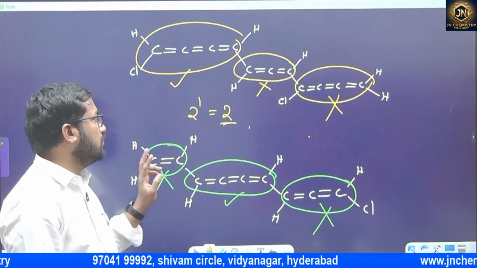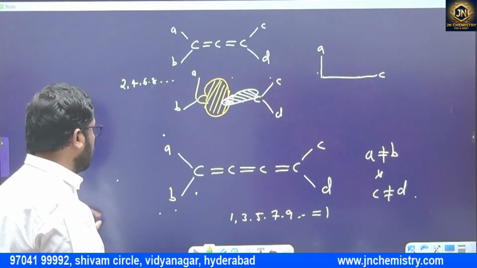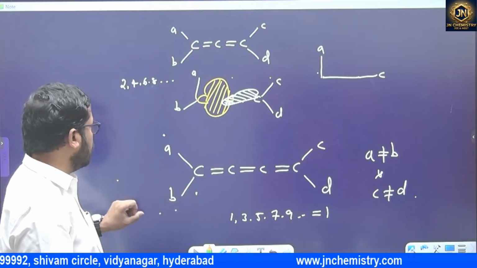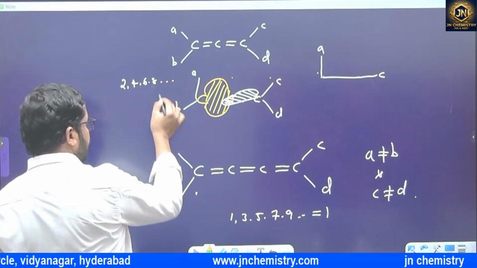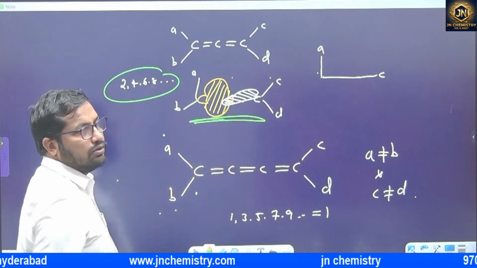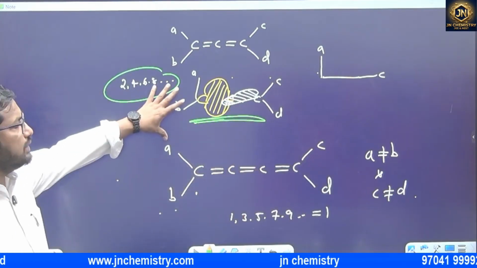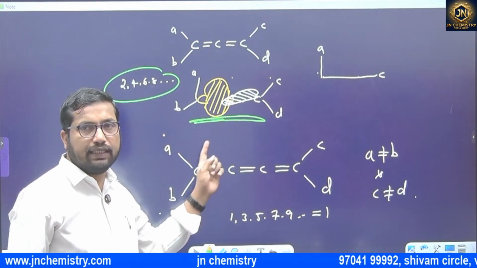So what we need to consider, once again I am telling, whenever an even number of allene double bonds are coming, it won't show the geometrical isomerism, because both are perpendicular to each other. In odd cases, we need to consider the total is 1.